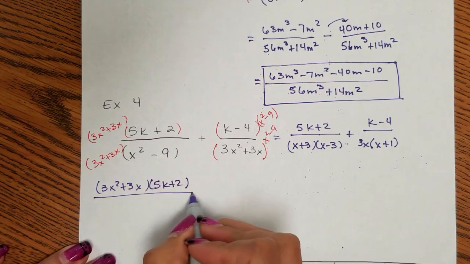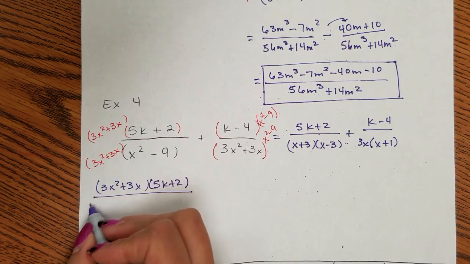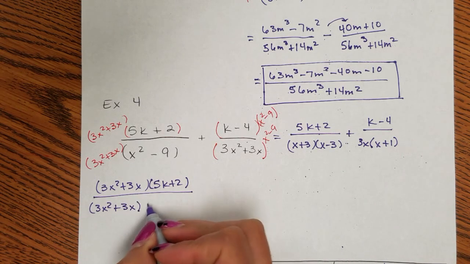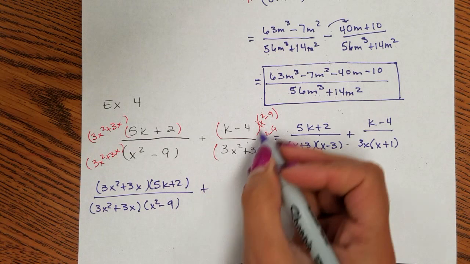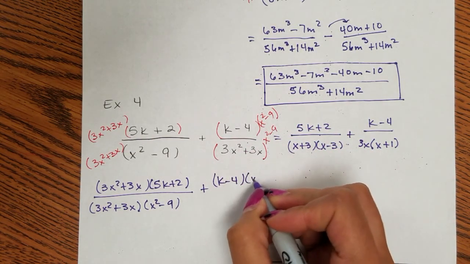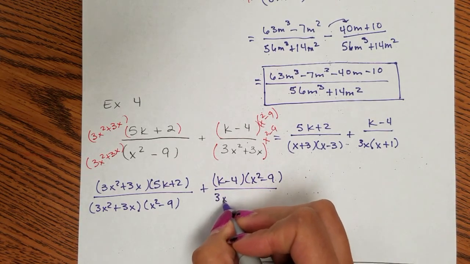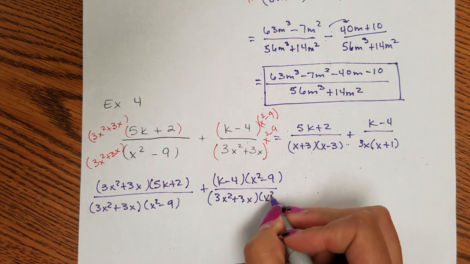Normally you would FOIL that, but here we're going to leave it just like this. So here we're multiplying these two, 3x squared plus 3x times x squared minus 9 plus, I'm just going to rewrite this, k minus 4 times x squared minus 9 all over 3x squared plus 3x times x squared minus 9.